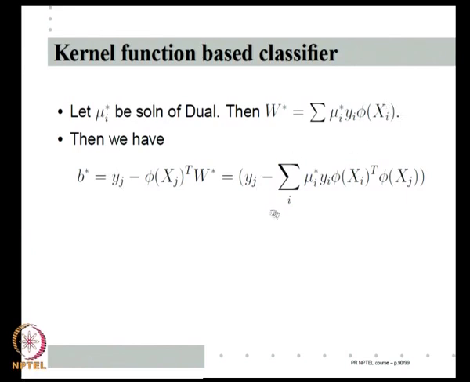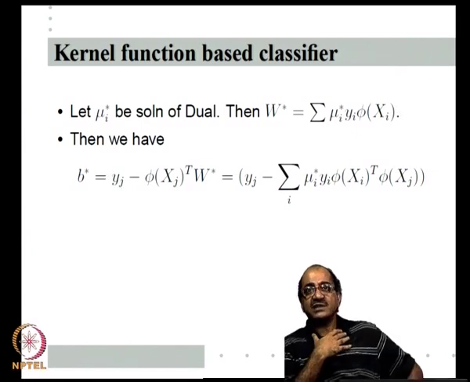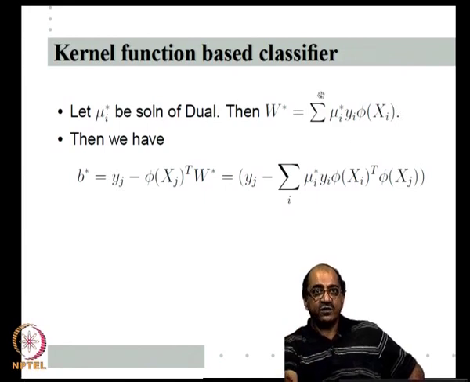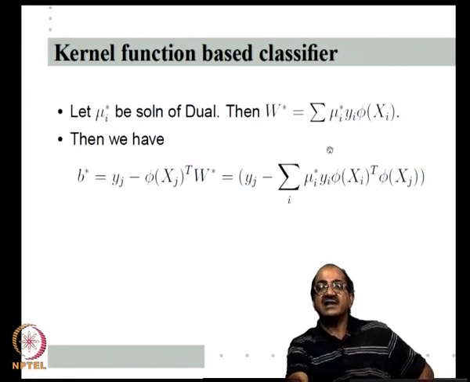So, it will be yj minus the summation over i of mu_i star yi phi(xi) transpose phi(xj). Wherever phi(xi) transpose phi(xj) comes, I do not have to do any phi computation. I can convert it into the kernel function, and k(xi, xj) is much less expensive than phi(xi) transpose phi(xj). So, to compute B star, I do not need to calculate phi at all. If I know all the mu stars, then I can just put k(xi, xj) here and calculate B star.